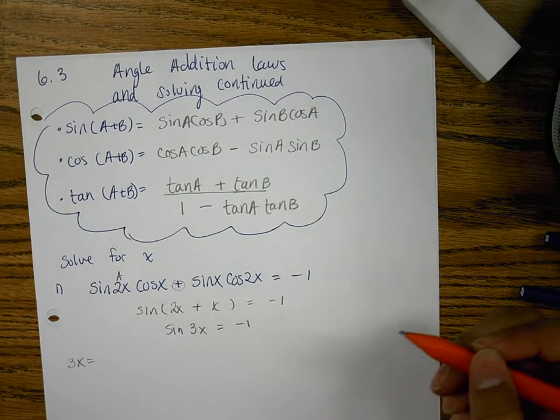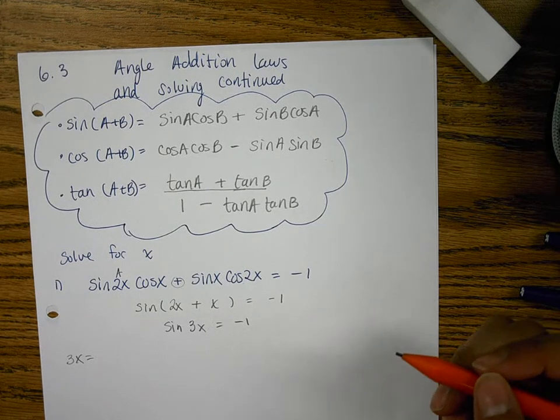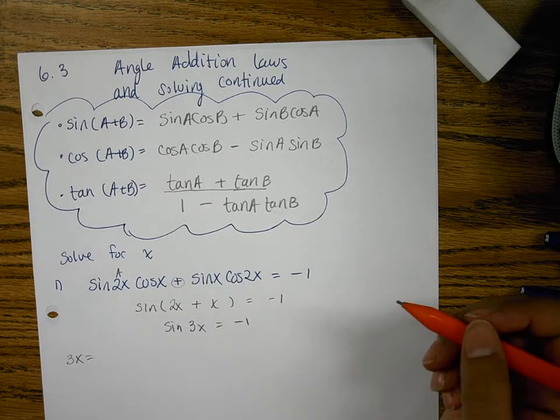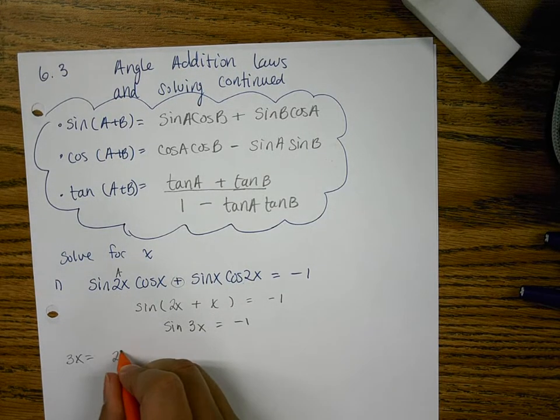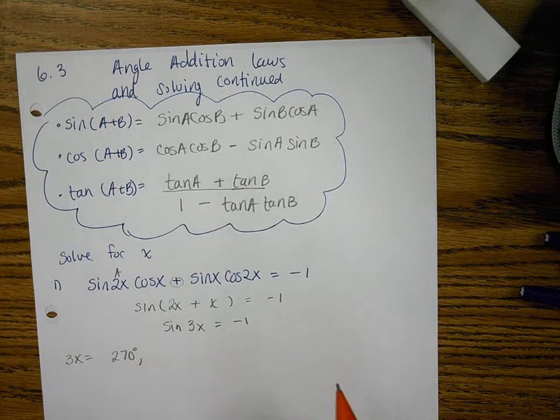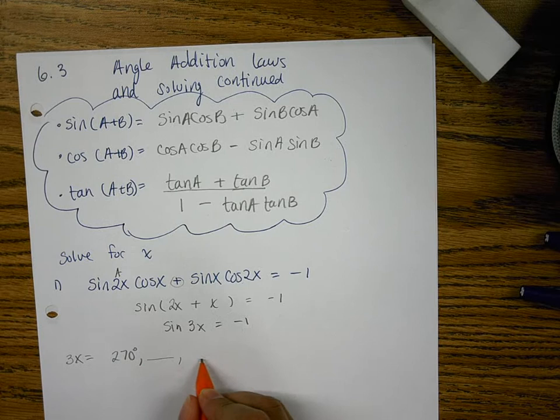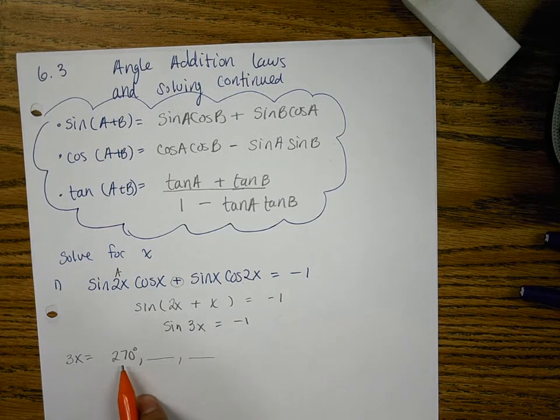And this is something that we have seen before. 3x equals, and we think the 3x means we're going 3 times around. At what angle is sine -1? There's only one place, and that is 270.